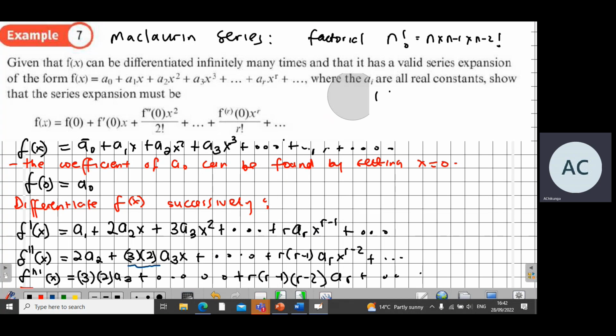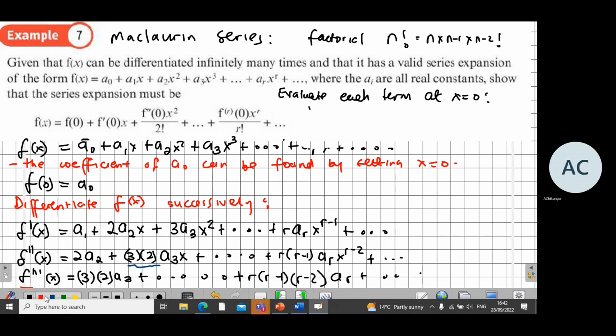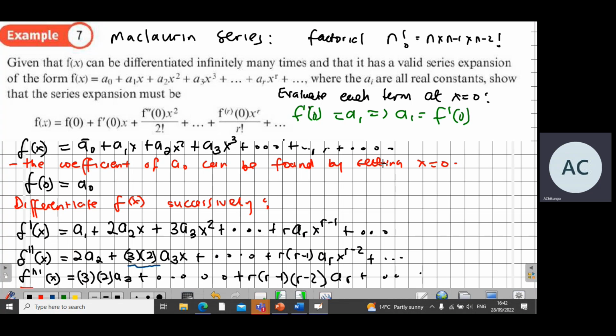So if I now continue, as I've done here, set x is equal to 0 and evaluate each term. So if we evaluate each term at x is equal to 0, means we're going to have f prime of 0 here being equal to a1, suggesting that a1 is equal to f prime of 0.